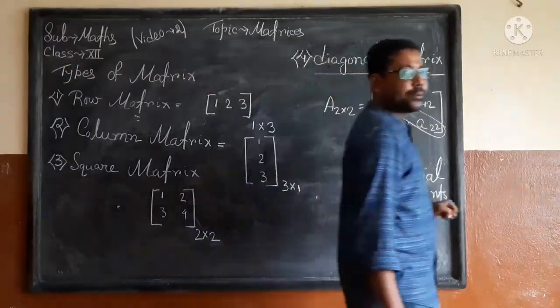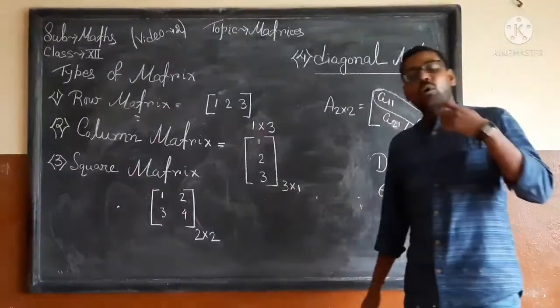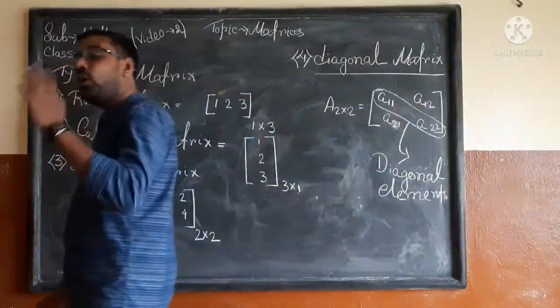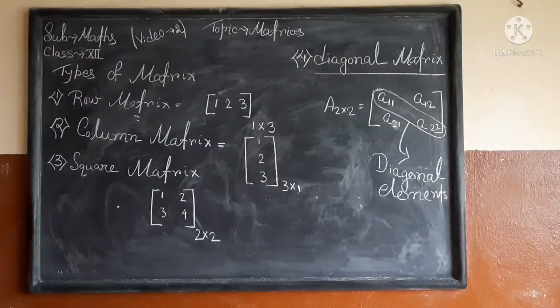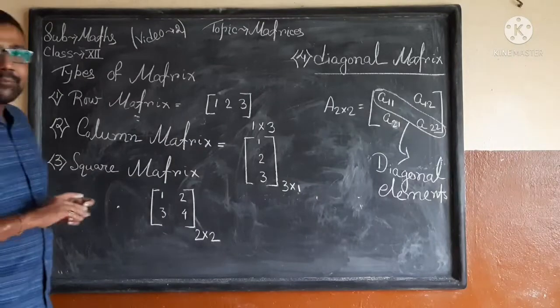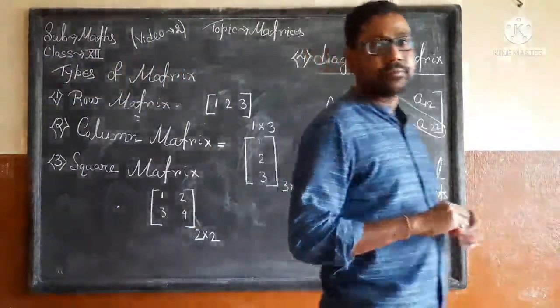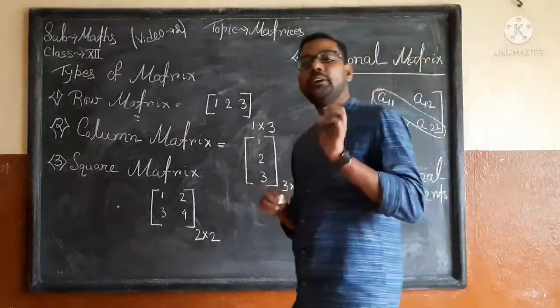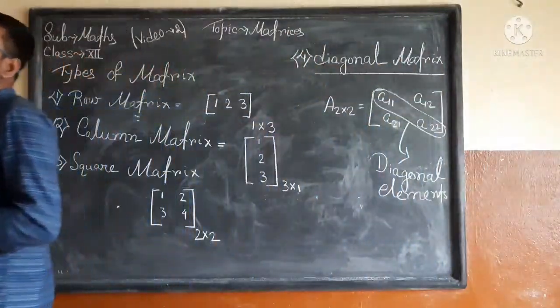Any matrix that contains all the elements 0 except its diagonal elements is called a diagonal matrix.